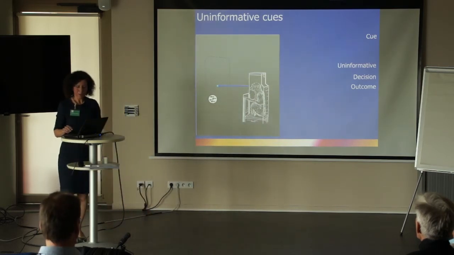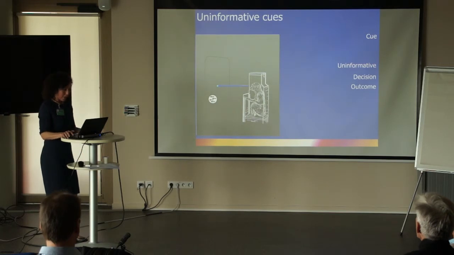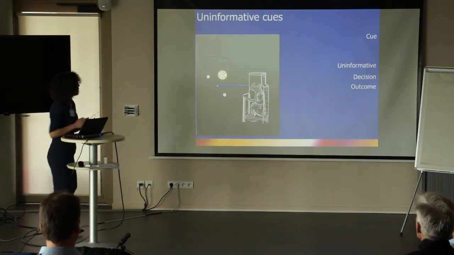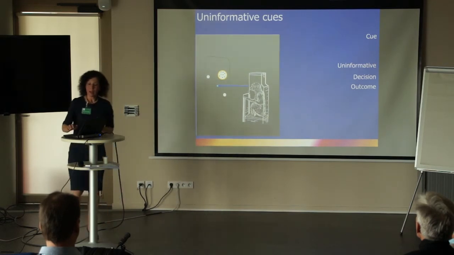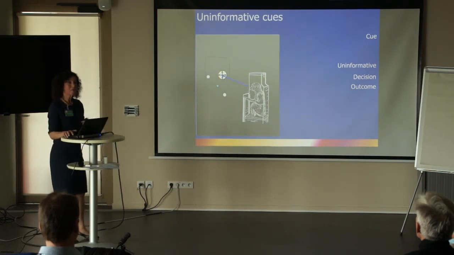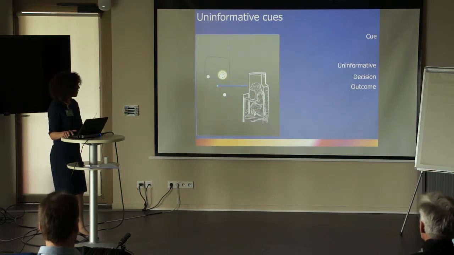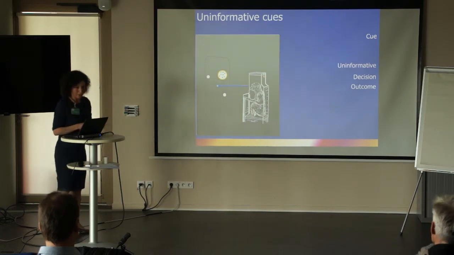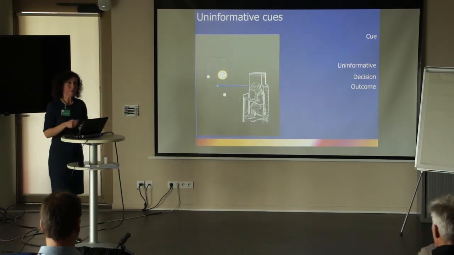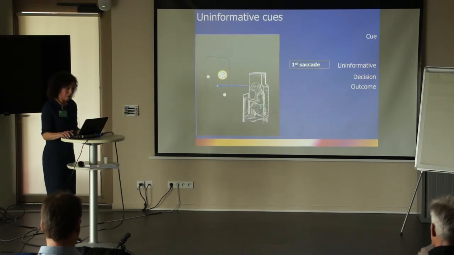But then I'm going to turn on this uninformative stimulus, and you're going to have to look at it. It gives you only noise. Nevertheless, you have to look at it. And then you're free to make the final decision based on the first cue, right? And now we're going to put this uninformative stimulus in the receptive field, and we're going to see if the neurons modulate to it.